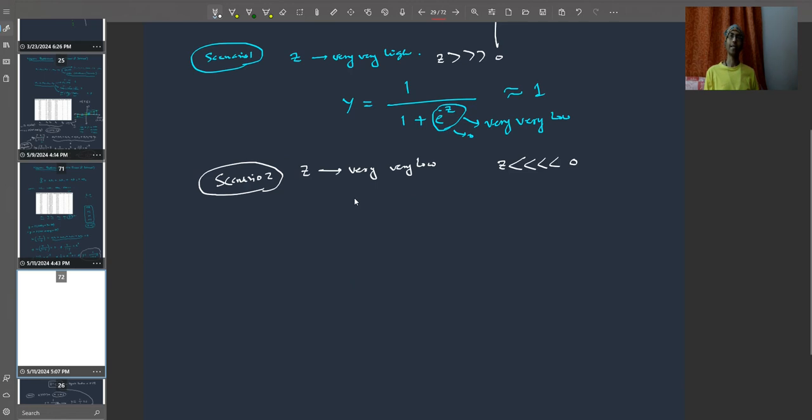Here what happens, friends, is y is equal to 1 by 1 plus e to the power minus z.